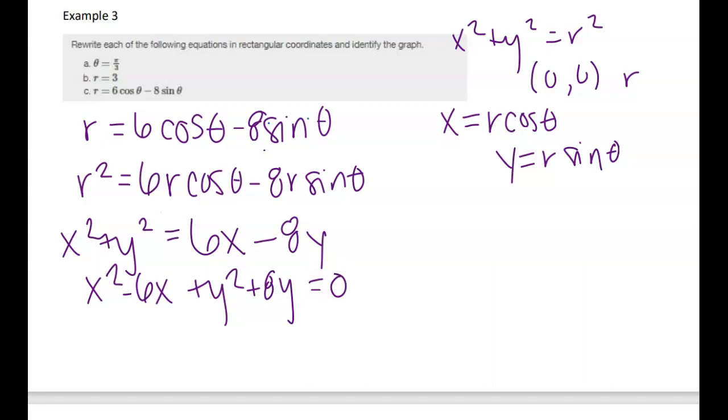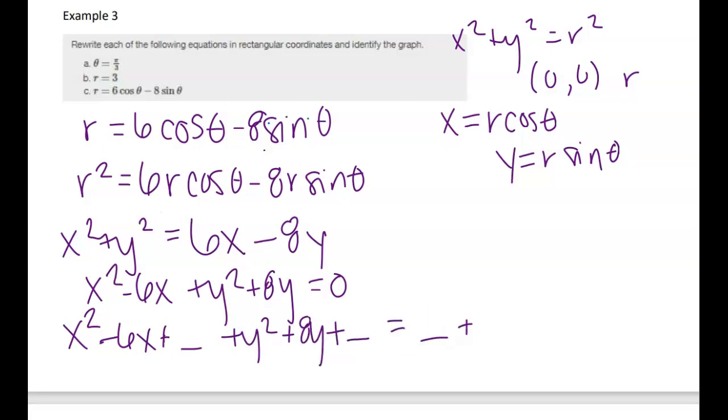Now I'm going to complete the square for each one of these. So x squared, x plus something, plus y squared plus 8y plus something. And then I need to be able to add the same thing on both sides since this is an equation.